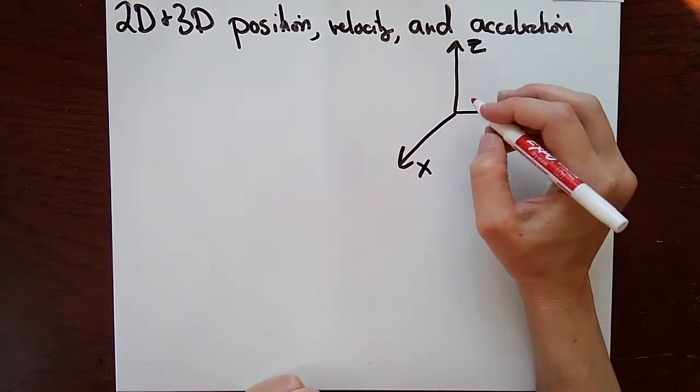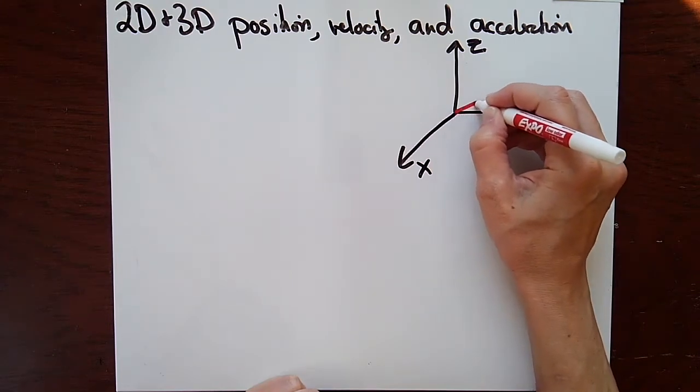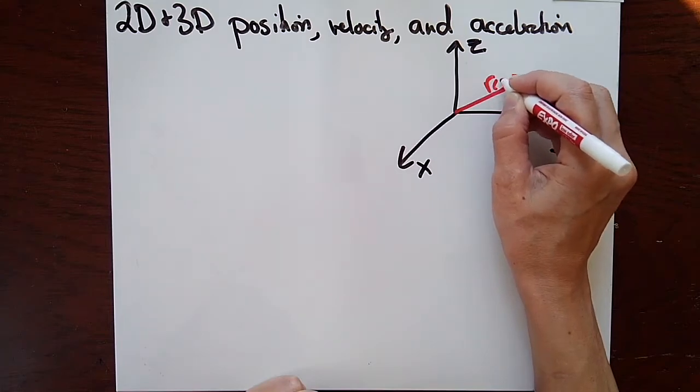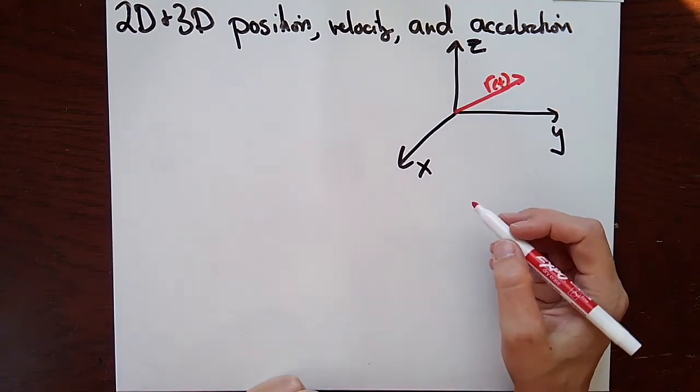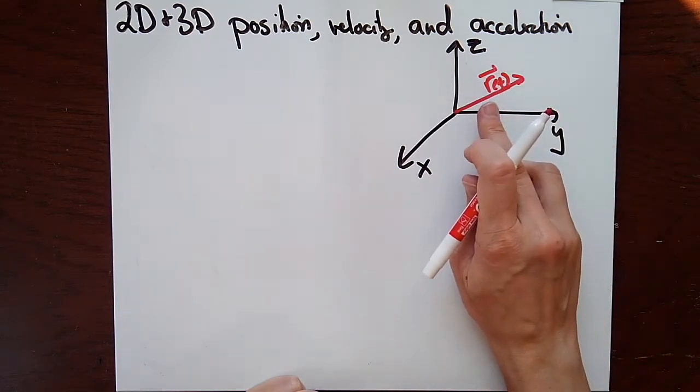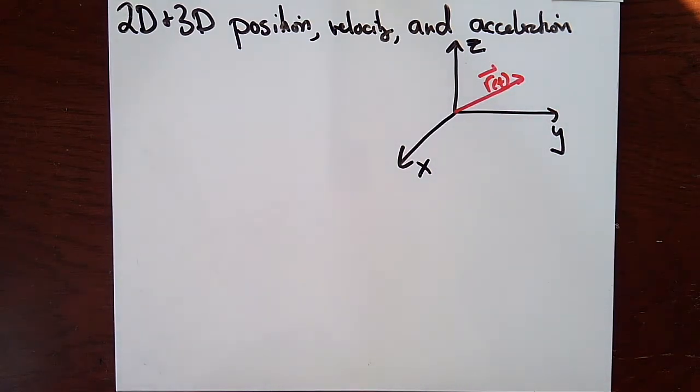All right, so I'm going to draw my position vector r, and I'll draw it like that. I'm going to put a little parentheses t in there to remind myself that r is a function, and a little arrow over it to remind myself that r is a vector.